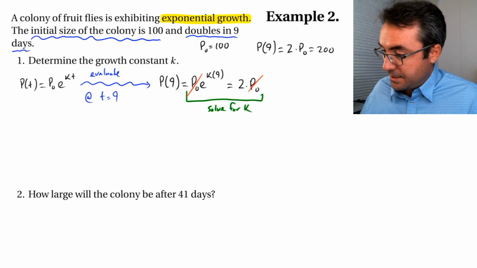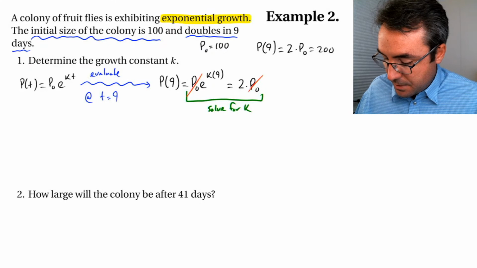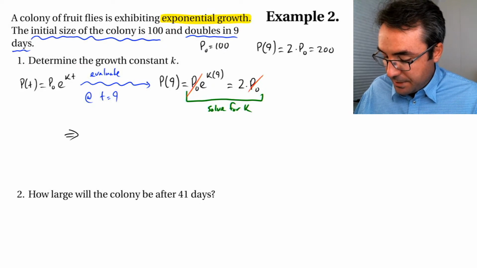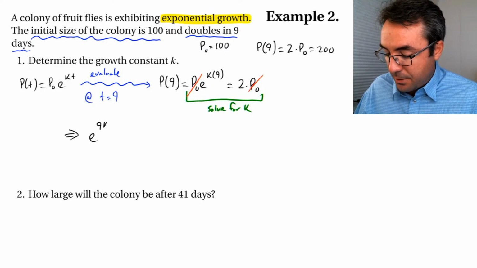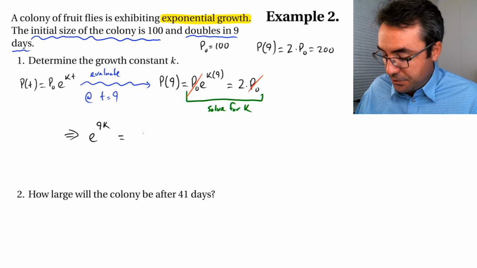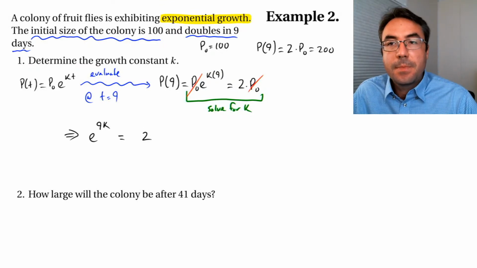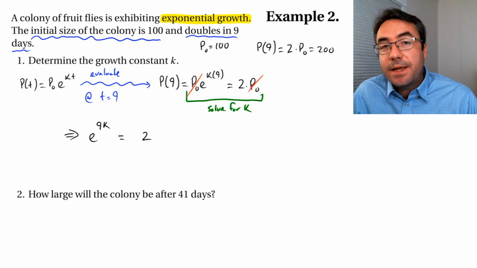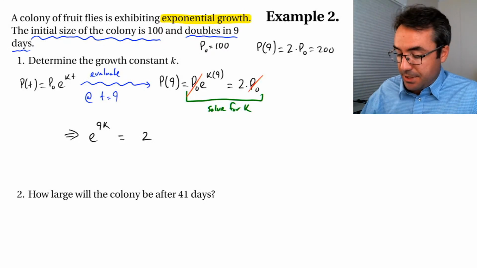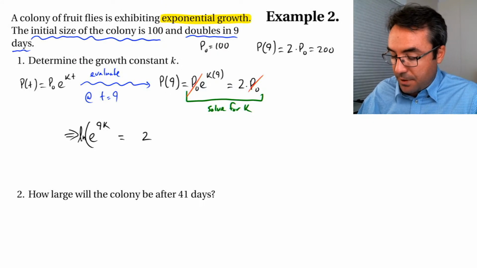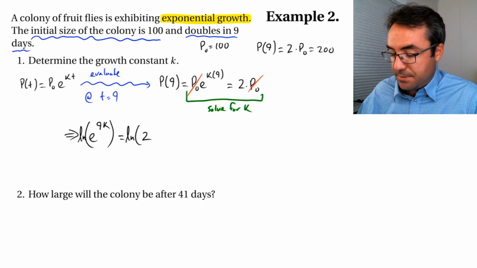When we look at this, we get the equation e raised to the power 9k is equal to 2. And we want to keep solving for k. The way to cancel off an exponential function is to apply the natural log function to both sides.